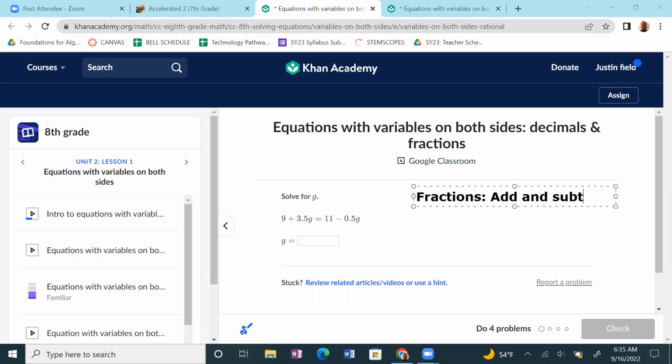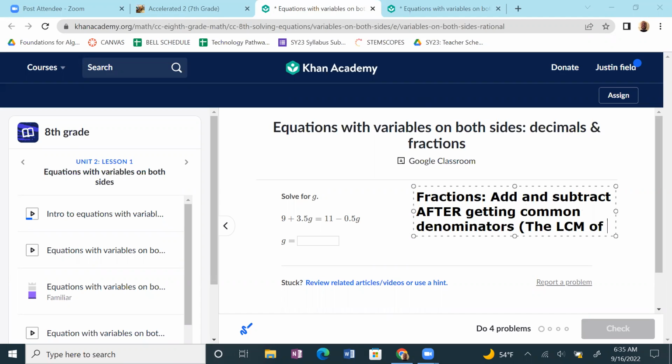And then one more thing about fractions. Add and subtract after getting common denominators. The common denominator would be the LCM of the denominators.